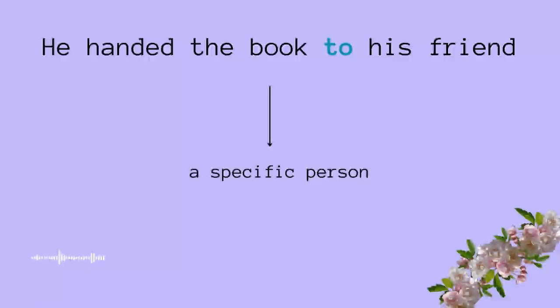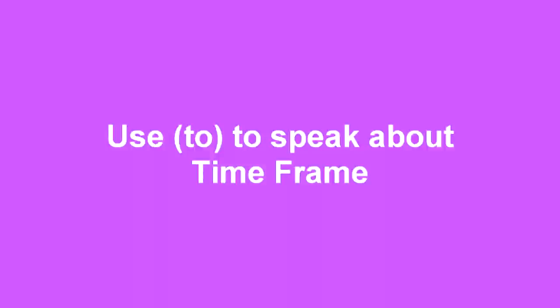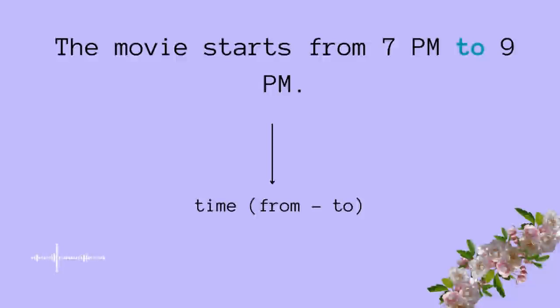Now let's have a look at another way of using to in sentences. You can use to speak about time frame. As in here, the movie starts from 7 p.m. to 9 p.m. So we are speaking about a time frame, like from and to.